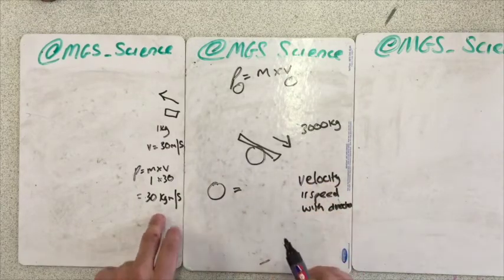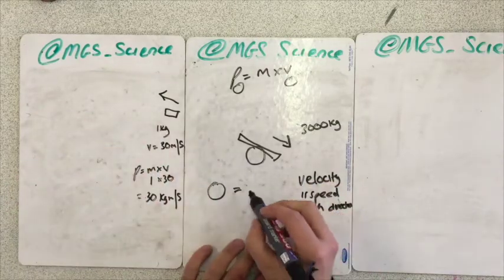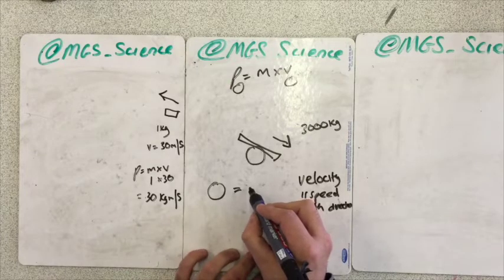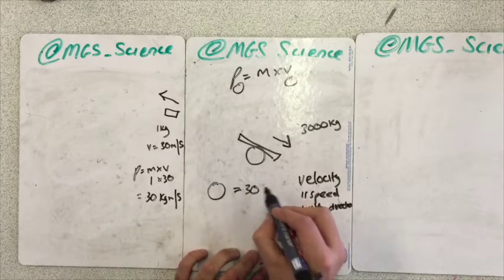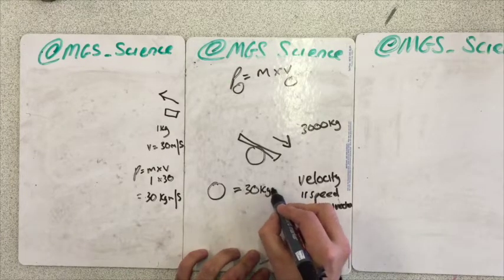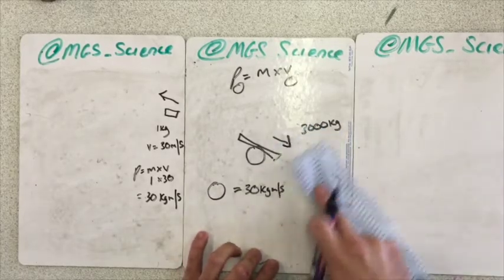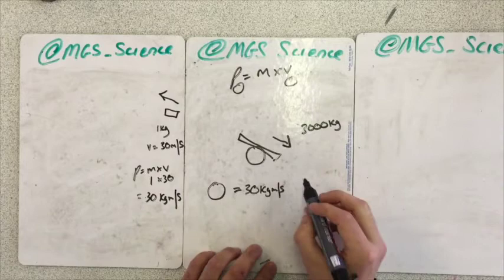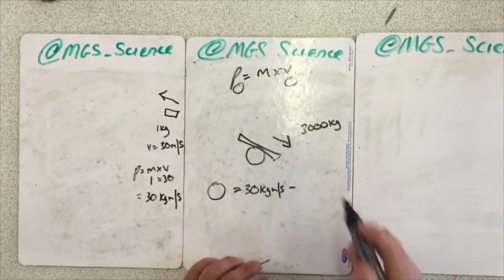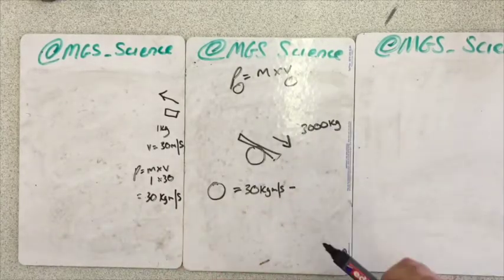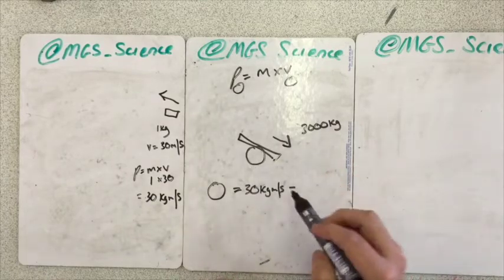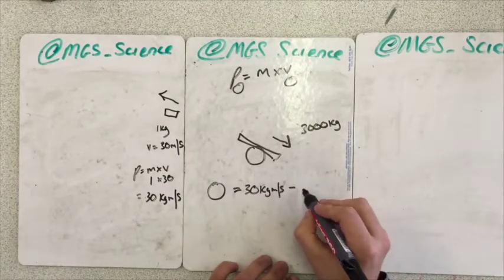0, so we've already worked this out. This shell is being fired that way, so that's got a momentum of 30 kilogram meters per second. And we know that it must be equal to 0. So we know that we've got to take this one away from it. Now, we don't know the velocity that this has moved back by, but we do know its mass.